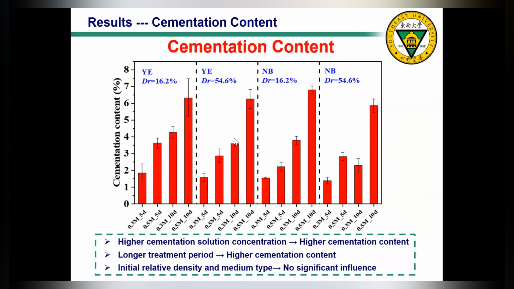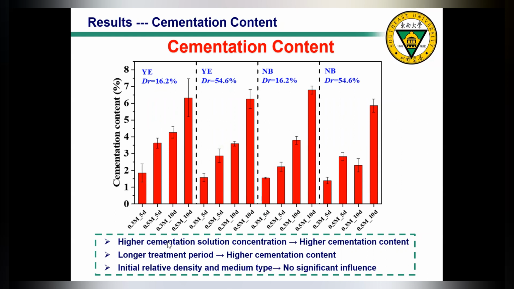Firstly, let's see the cementation content results. Here there are several columns divided into 4 boxes. In each box, from left to right, the cementation content increases. From left to right, either the cementation solution concentration increases or the treatment period increases.